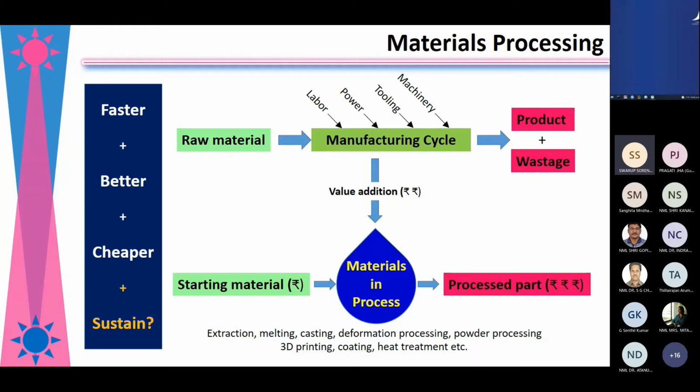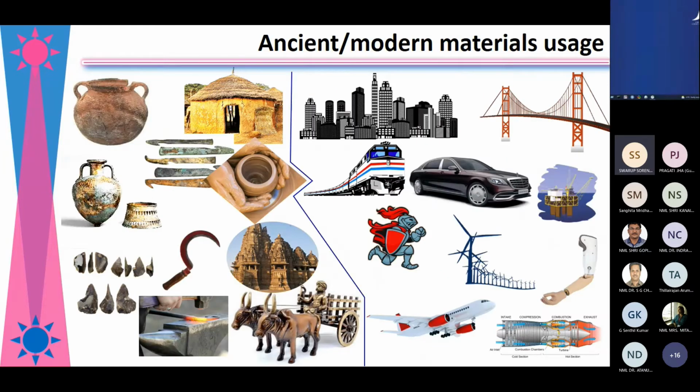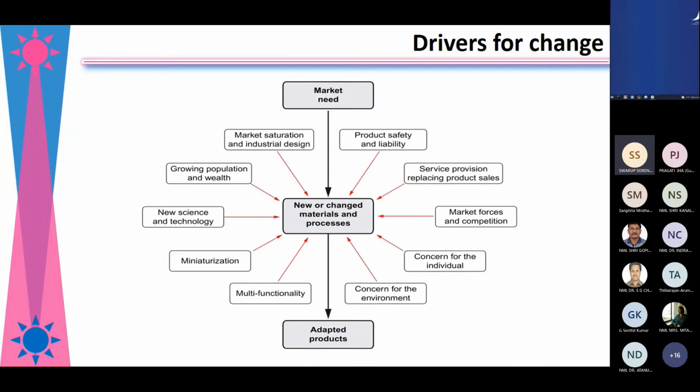So here we can see the ancient and modern materials, on the left and on the right. Definitely this is the result of the new materials development as well as the new process development. So this has led together to the technological advancement, and definitely the drivers for such a change are market needs.